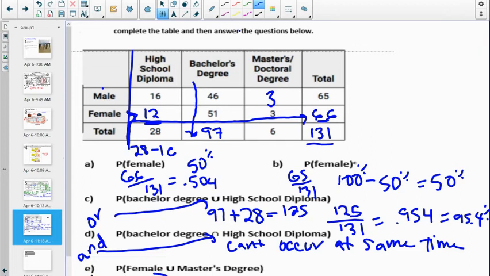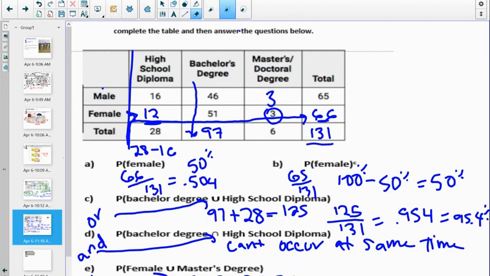Or. So now we'll have our female, we have 12 plus 51 plus 3. So that's our females. And then or masters, so we'll add our masters. 3 plus, see this 3 here, that's the overlap. So we can't include that.